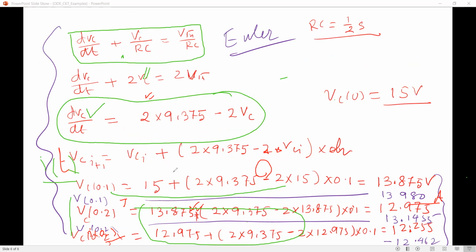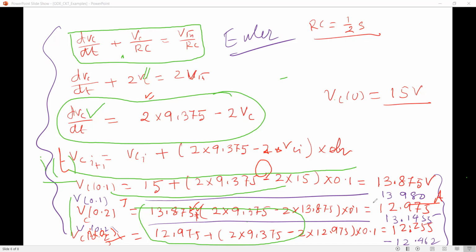Then this is the algorithm: your next time step voltage is equal to the previous time step voltage plus the slope multiplied by your step size. If we consider the same step size of 0.1 second, or you can choose an appropriate step size, you can find your voltage at the capacitor at 0.1 equal to 13.875 volts.